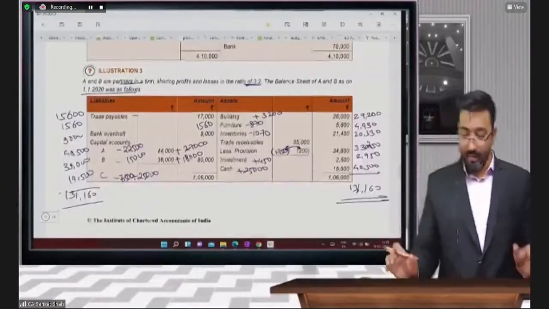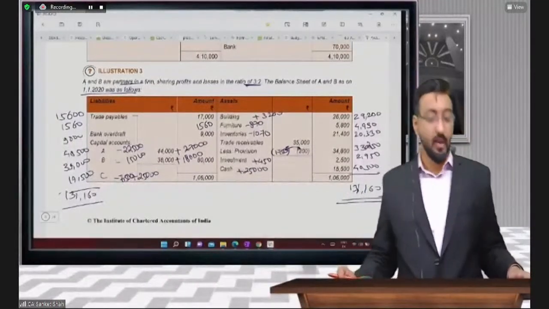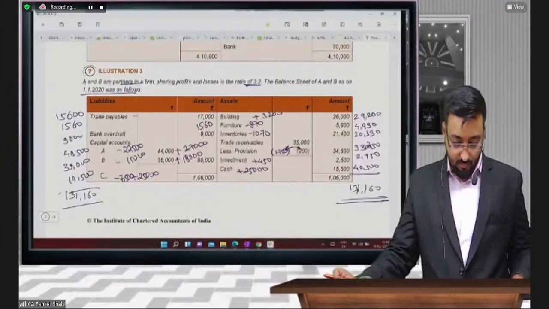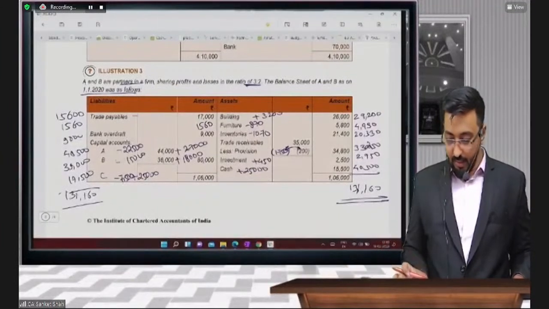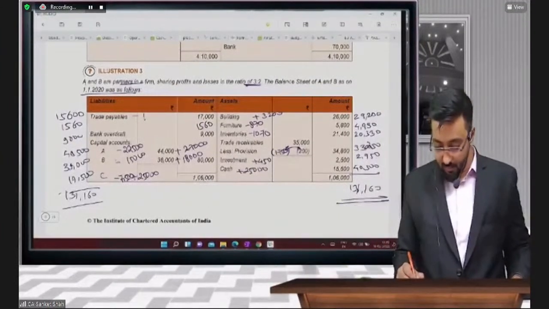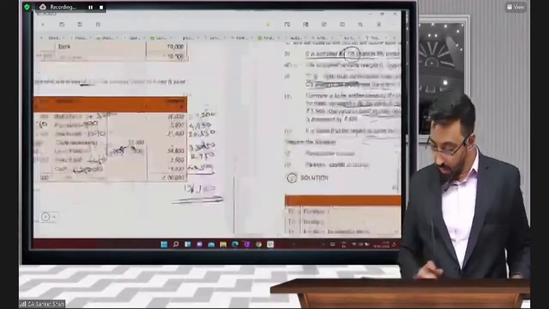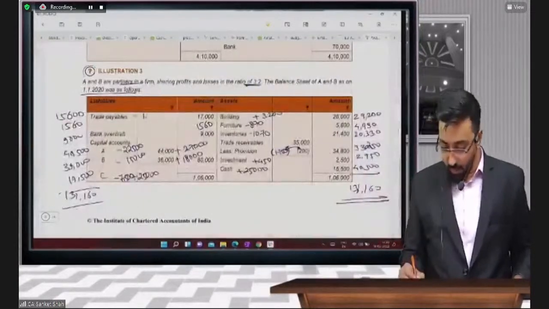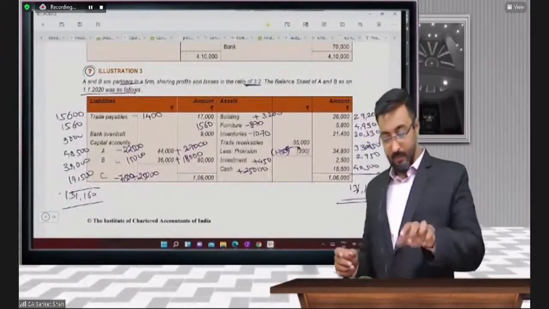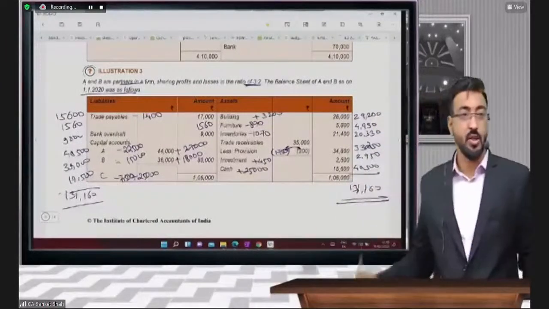You can tally it. 131,160. Yes beta, I forgot that adjustment. How much do I have to write off? 1,400. Yes, tally. You can check the answer.